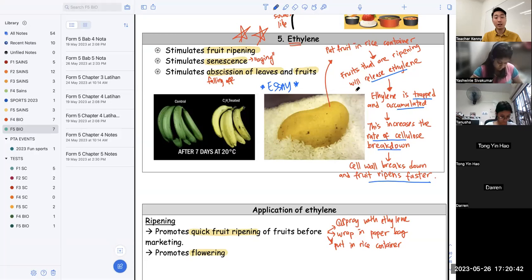So this one can be an essay or structure question also. Usually it's a 3 to 4 marks question.